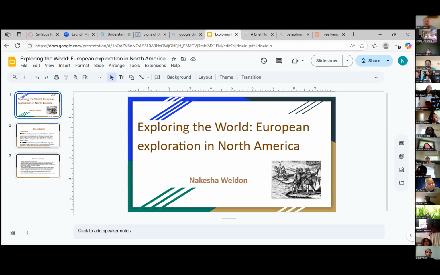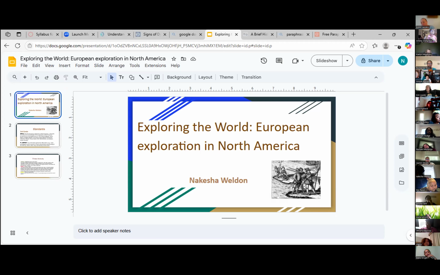They use different color markers to map it out and distinguish each explorer's journey. Then I will have them label the mountains, rivers, and landmarks.